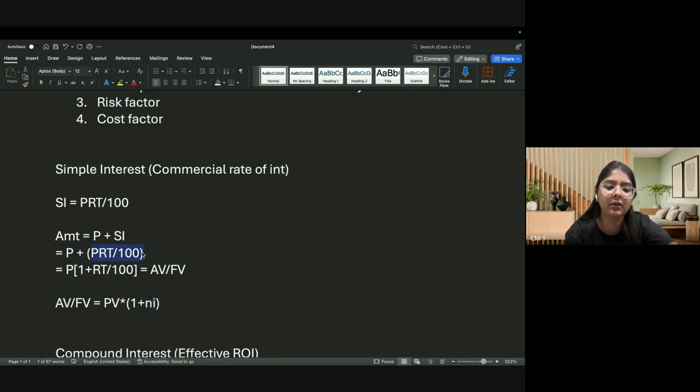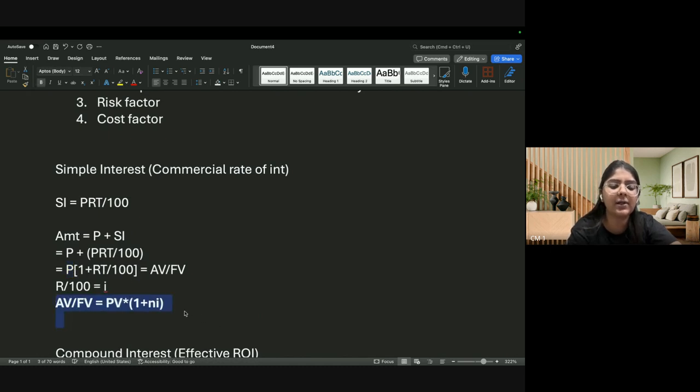As in here, when I am doing R by 100, I am getting I, which I have written here. So R by 100 has become I. This T has become N, which is the number of years. So 1 plus NI, and this multiplied by the present value, the principal, will give you the accumulated value.